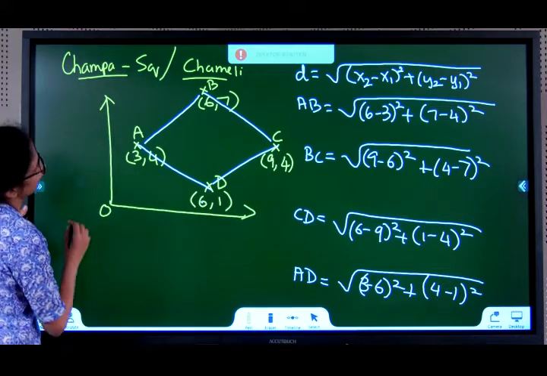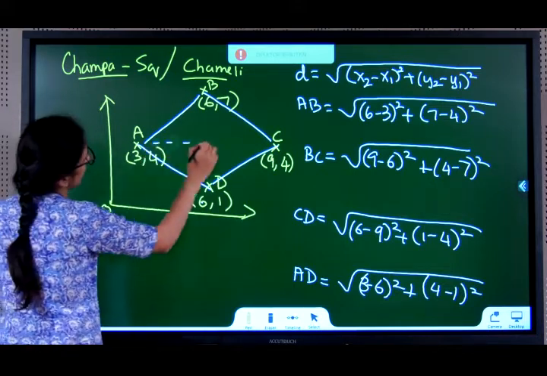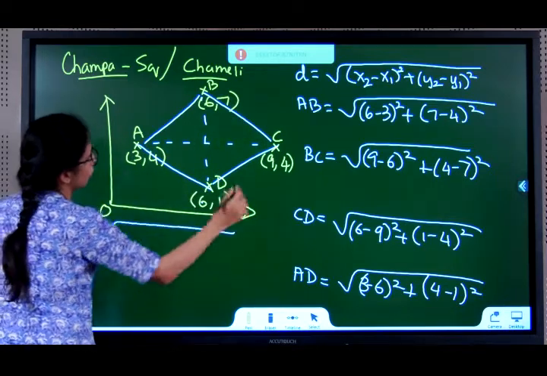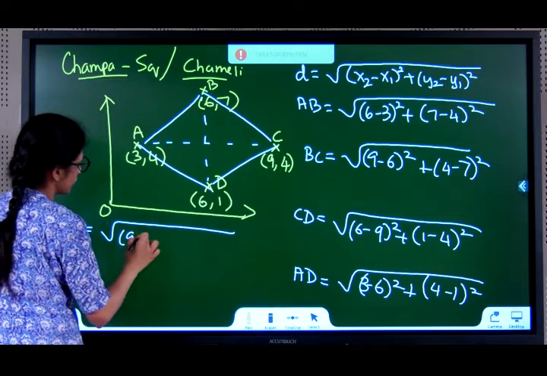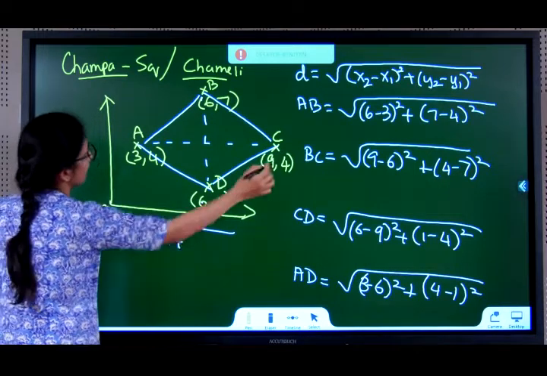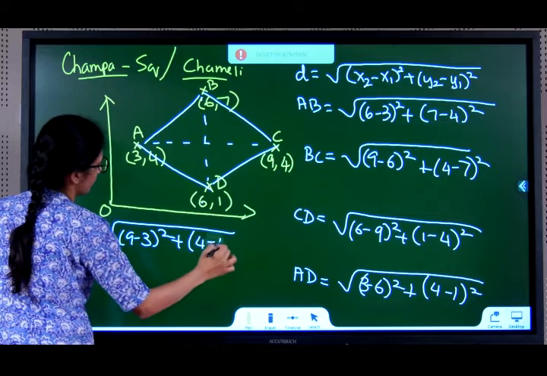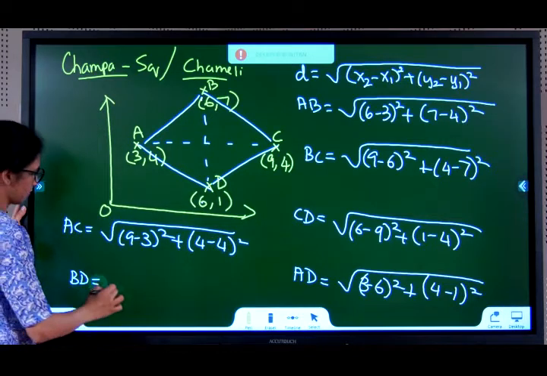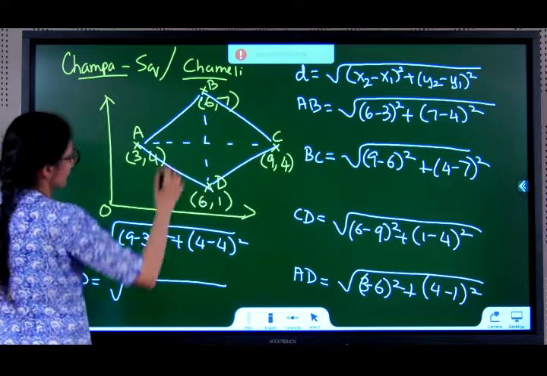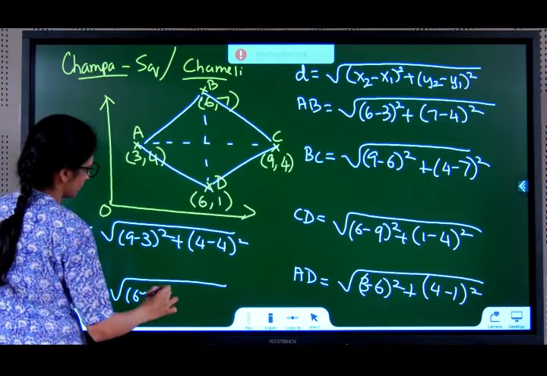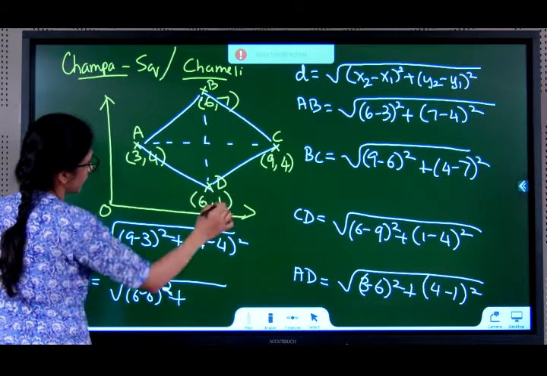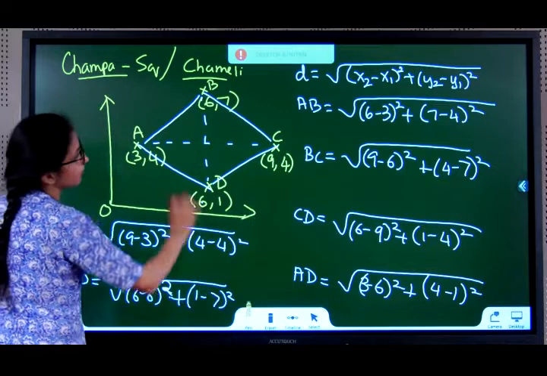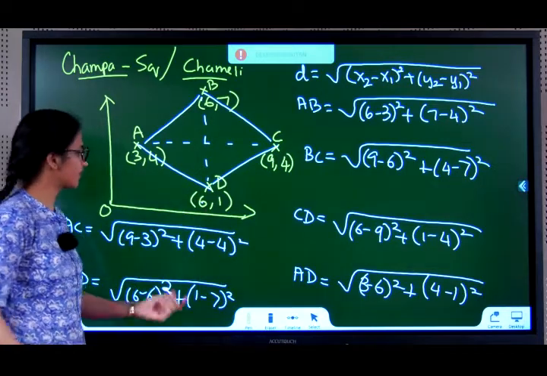Who are the diagonals? AC and BD. So for AC, root of 9 minus 3 the whole square plus 4 minus 4 the whole square. And for BD, root of 6 minus 6 the whole square plus 1 minus 7 the whole square. Please take 2 minutes, solve all of them and simplify. We will match the answer.